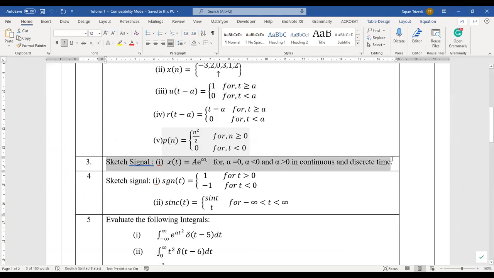This is the third question: x of t is equal to a e raised to alpha t. Fine. Now how to draw this? It's an exponential signal, by the way. It's an exponential signal. So how do I draw an exponential signal?